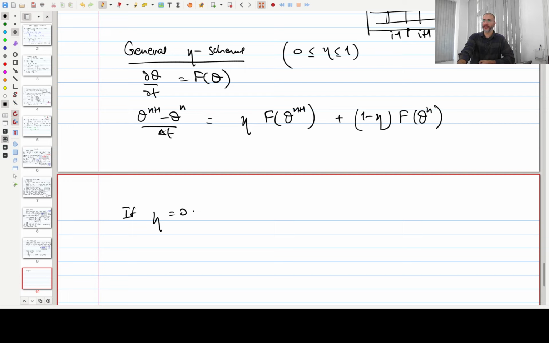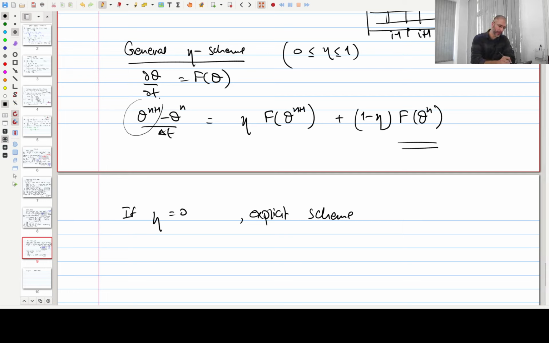Explicit? If I make eta equal to 0, what happens is that I only get 1 times f evaluated at theta n. So you can see that I can write this unknown explicitly in terms of all the known values. That's called an explicit evaluation.